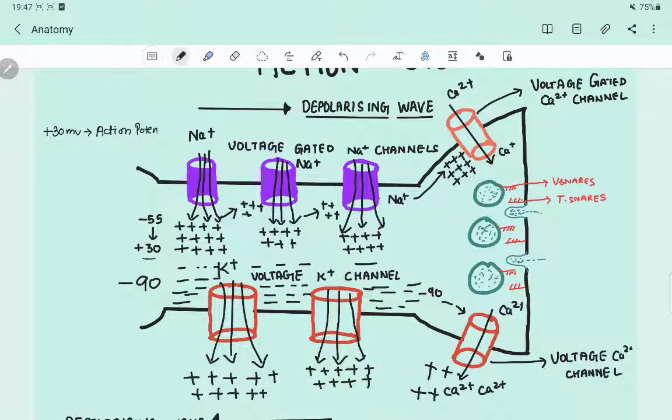When the membrane potential becomes positive, it will propagate along the length of the axon towards the axon terminal.